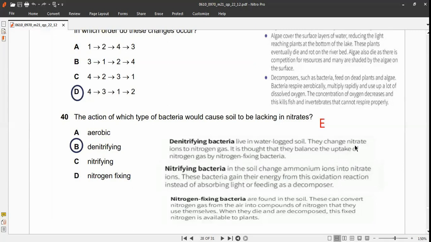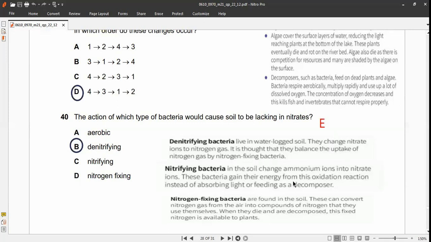So the percentage of nitrates decreases. It is so that they balance the uptake of nitrogen gas by nitrogen fixing bacteria. Nitrifying bacteria in the soil change ammonium ions into nitrate. So the percentage of nitrate increases.